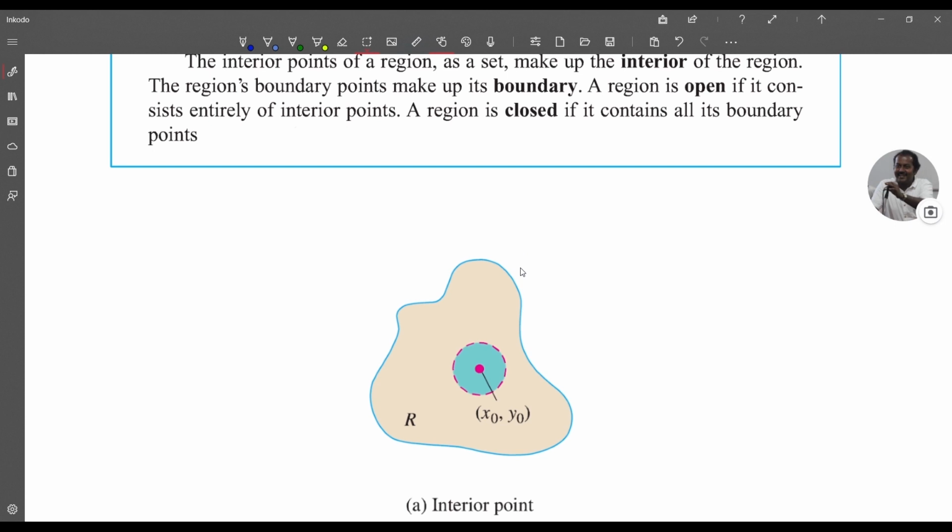That is, if R contains only interior points, we say that it is an open region.